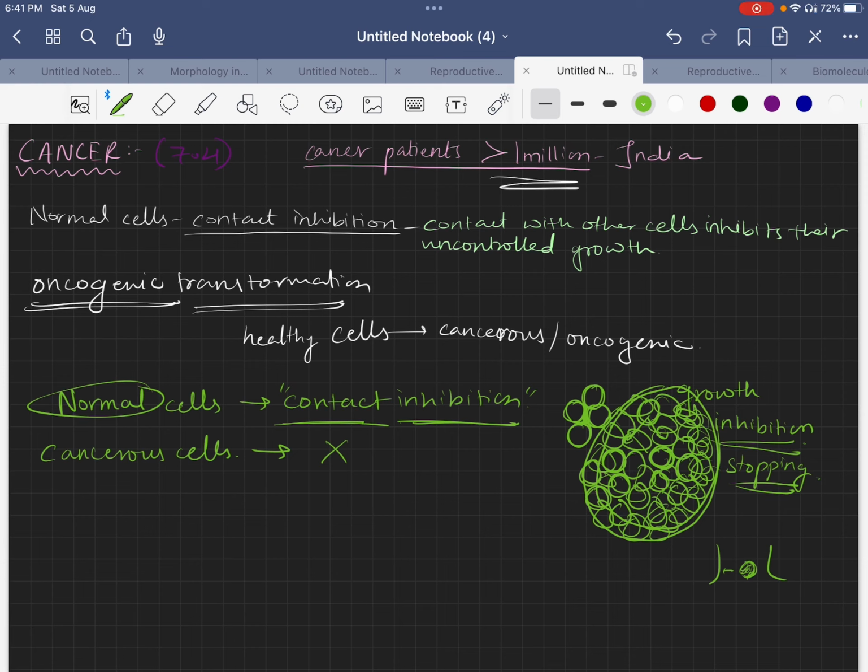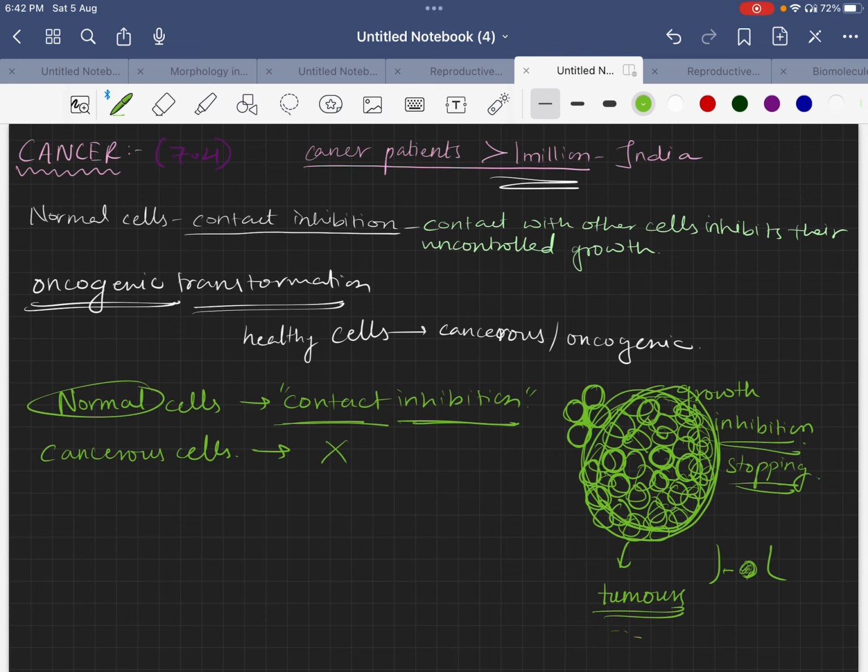It invades space, and these big non-stopping masses of cells are called tumors. Cancerous cells which do not show contact inhibition and just continue to divide, forming a mass of cells, are called tumors.